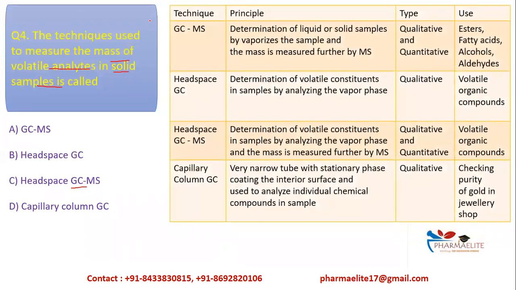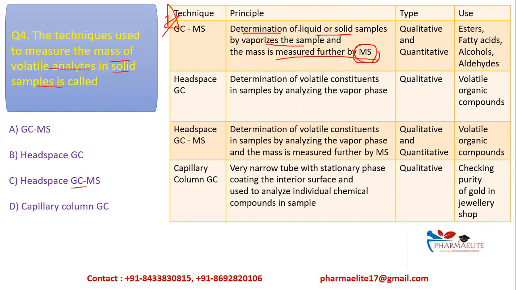So you need to remember this table, which is very important. GCMS is a combination of gas chromatography with mass spectroscopy. It is used for determination of solid and liquid samples by vaporization. That is, it vaporizes the sample and then the mass is found by mass spectroscopy. हमें पता है ना, MS, that is mass spectroscopy, is used to find out the mass of the sample.